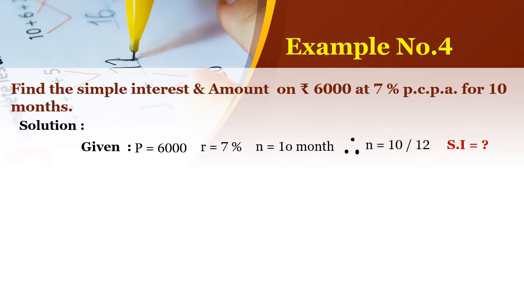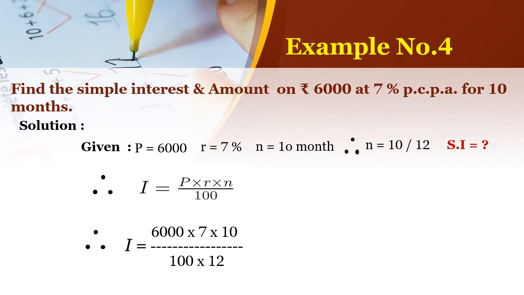So let's start the solution by applying the formula. I is equal to P into R into N upon 100, and then putting the values in the formula, I is equal to 6000 into 7 into 10 upon 100 into 12, and we get the resulting figure, rupees 350. This is the simple interest. Now we calculate the amount value.